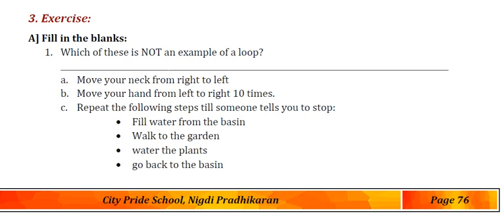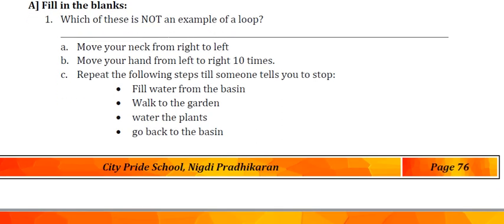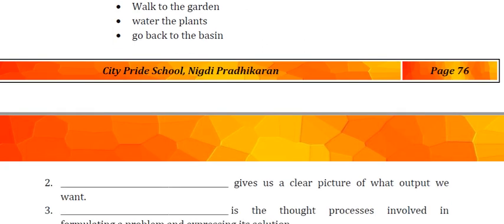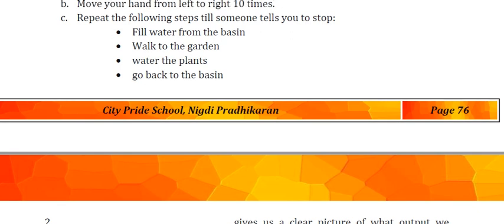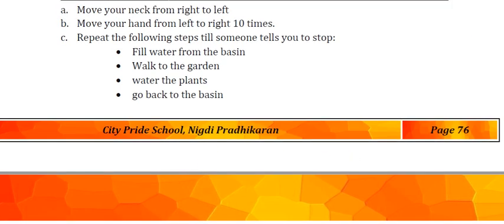That is, fill water from the basin, walk to the garden, water the plants, go back to the basin. I guess only 3 options are there. So what do you feel? Which option is not a loop?